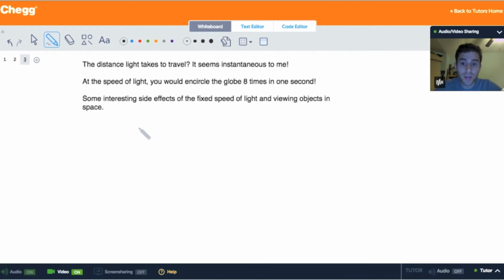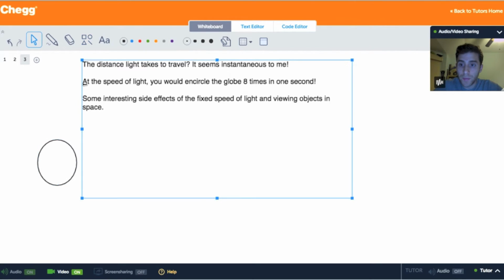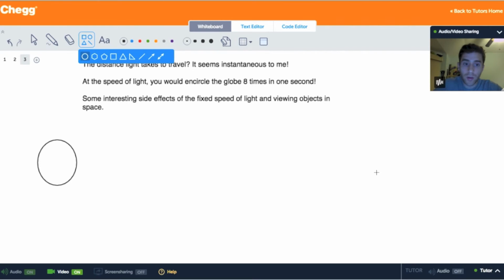There are some interesting side effects of the fixed speed of light and viewing objects in space by this distance of a light year. Say we are looking at a star here, and here's our Earth all the way here.